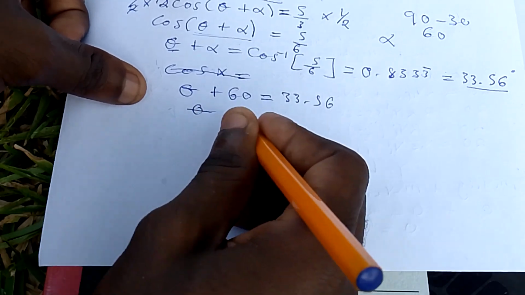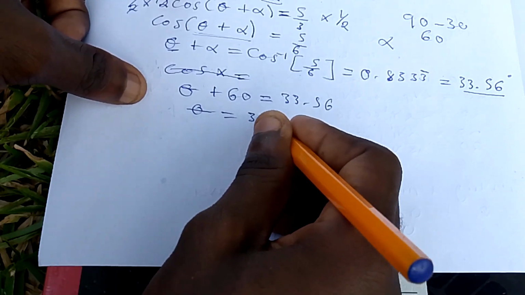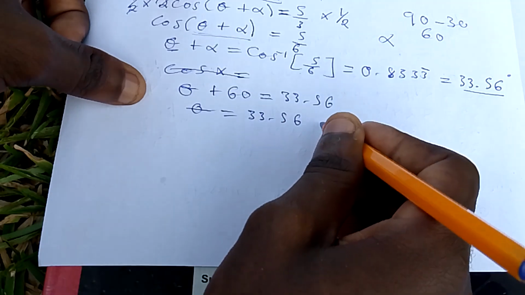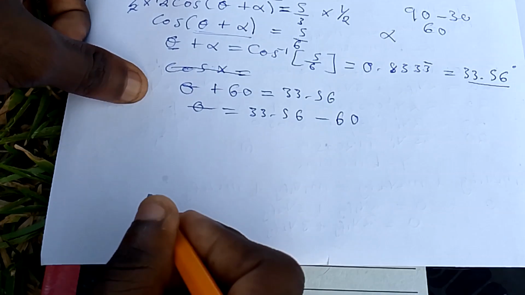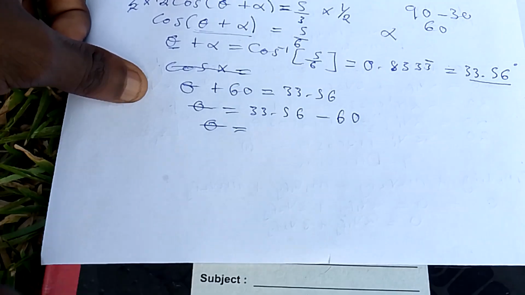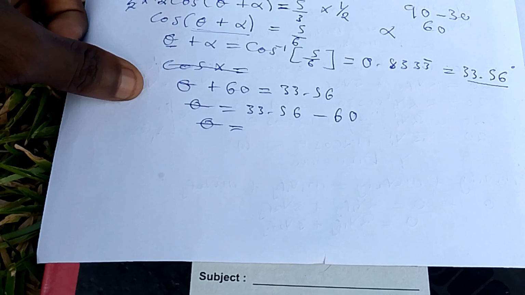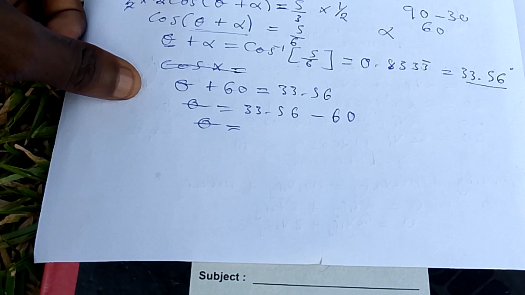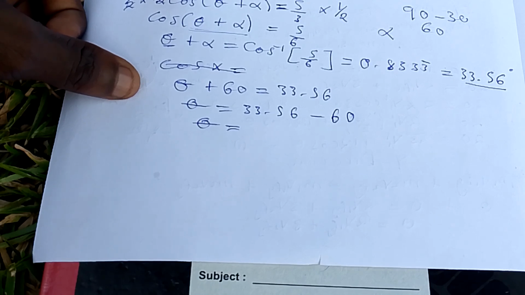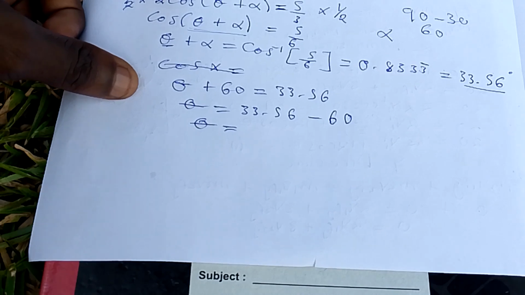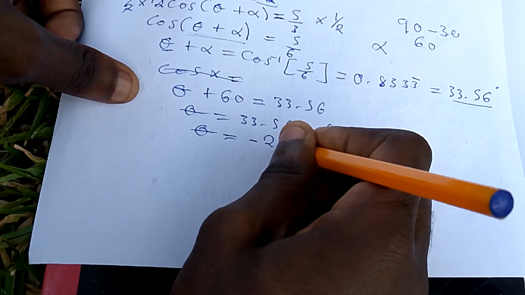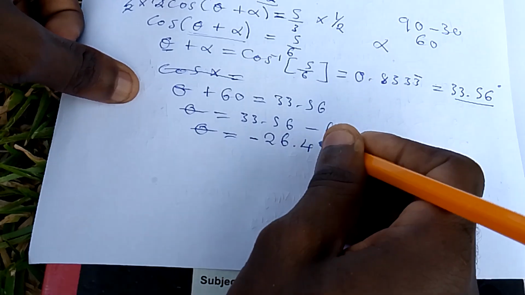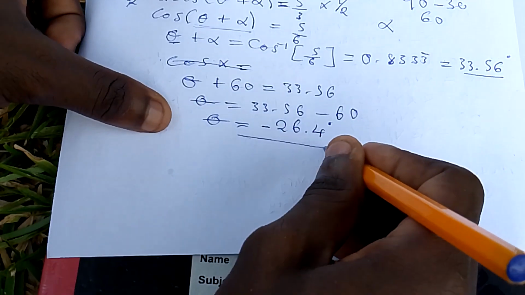If you subtract, we're going to have 33.56 minus 60. So theta equals negative 26.4 degrees. So that is theta.